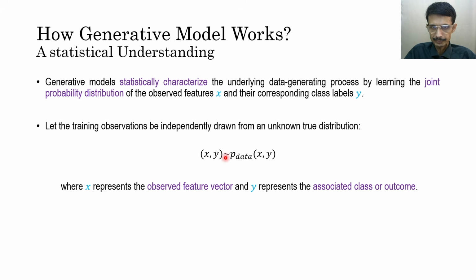This unknown true distribution is P data of X, Y. We don't know the nature of this distribution, but we know it by means of some given samples and the corresponding class labels, where X represents the observed feature vector and Y represents the associated class. So this is our true, real distribution.